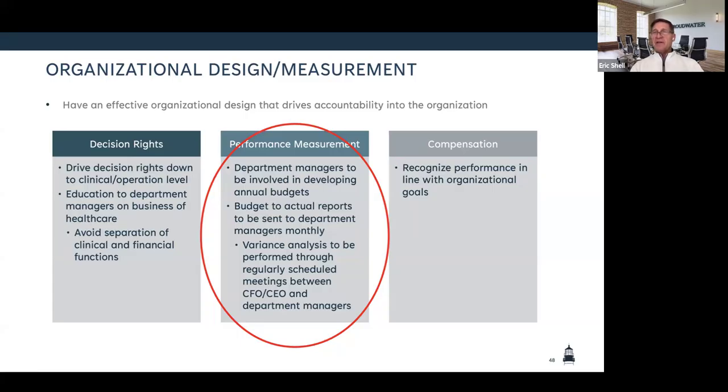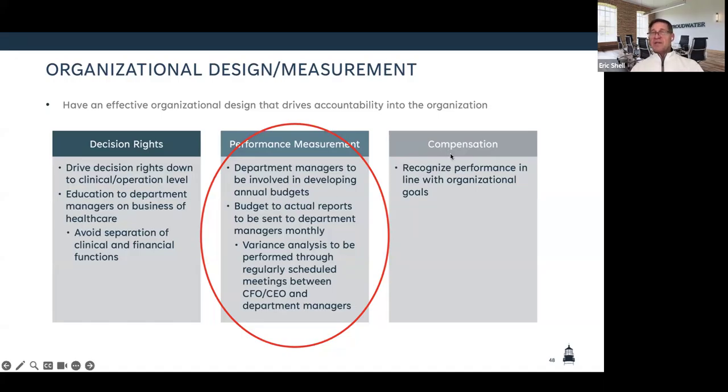And generally the criteria for that is when there's site-specific information, a patient is right in front of us and we have to make a decision. We can't run to the CEO every time a patient sits in front of us. So in the front lines in healthcare, we have to have decision rights. And so what organizational theory says is if you push decision rights down into the organization, then we've got to do a couple different things.